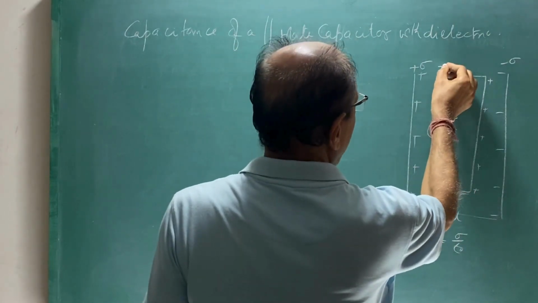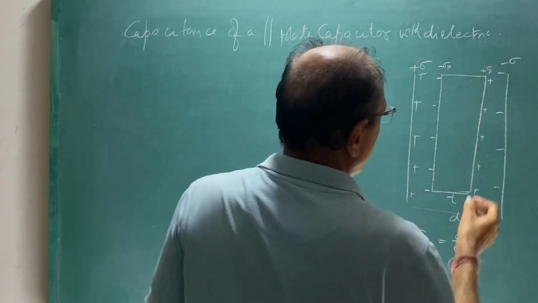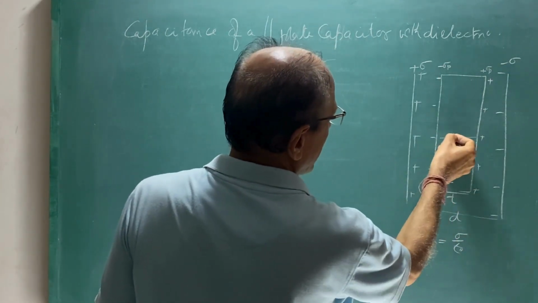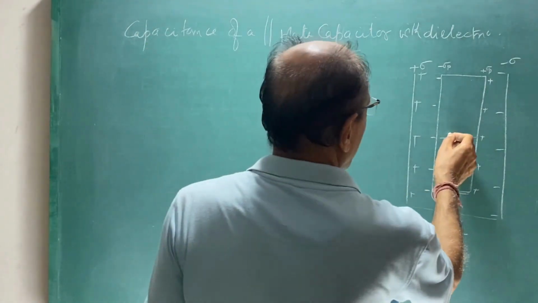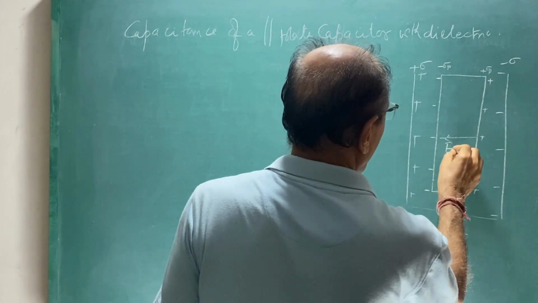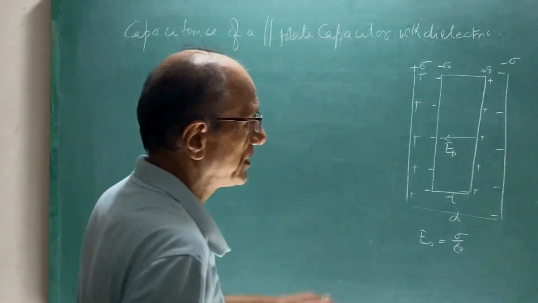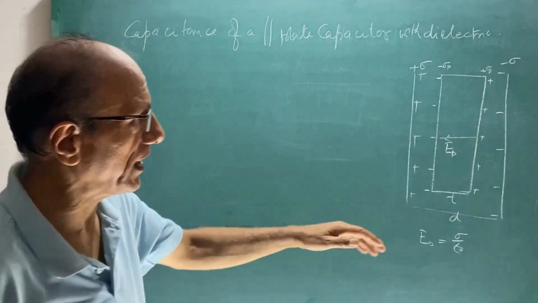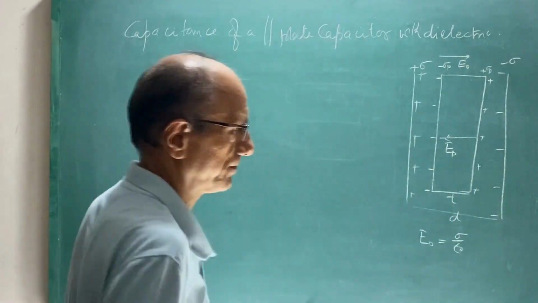So here it will be minus sigma P and here will be plus sigma P. That means between this dielectric, electric field EP or EI is produced, whatever you call it, which is just opposite to the applied field, that means initial field E naught.